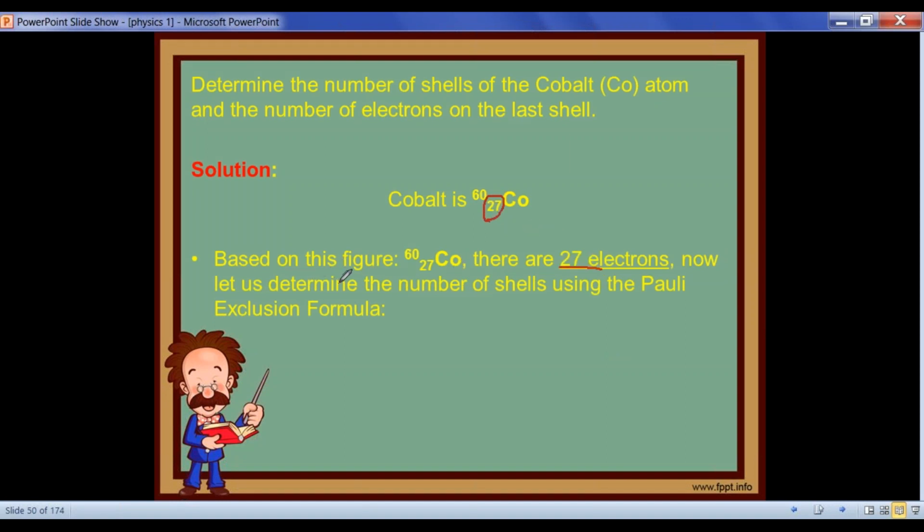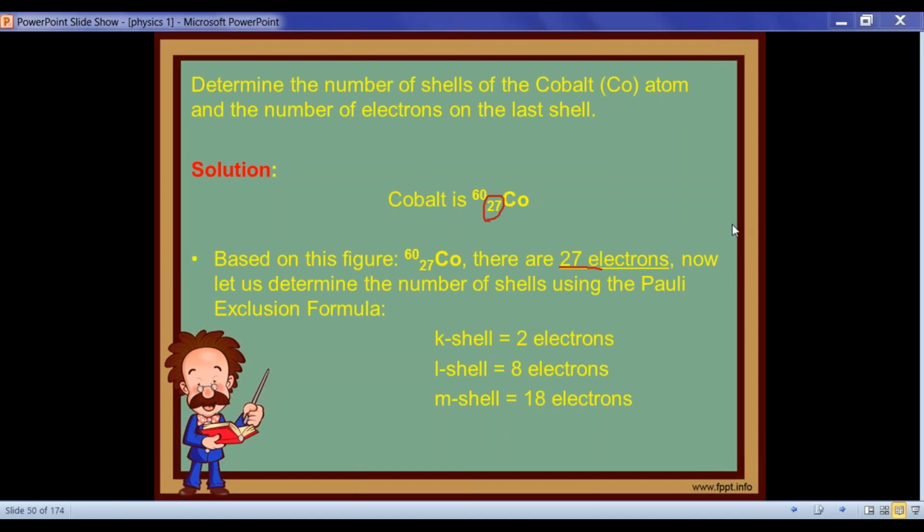Now we will determine the number of shells using the Pauli Exclusion formula. K shell is 2, L shell maximum is 8, now we have 10. M shell maximum is 18. If we write here 18, then 18 plus 8 is 26, plus 2 is 28.